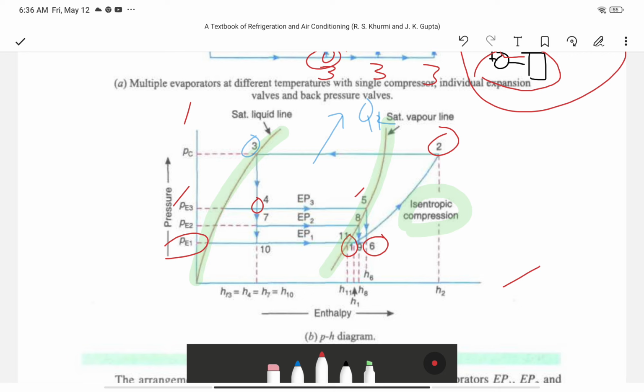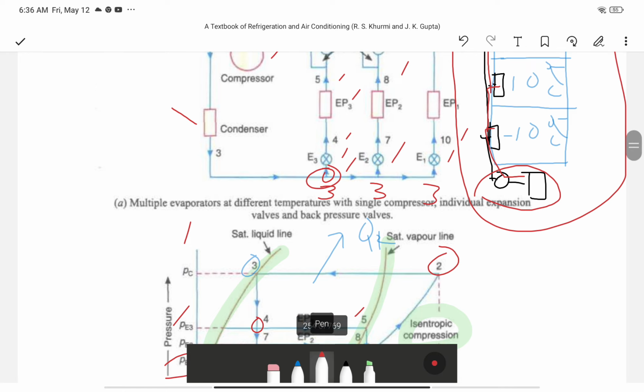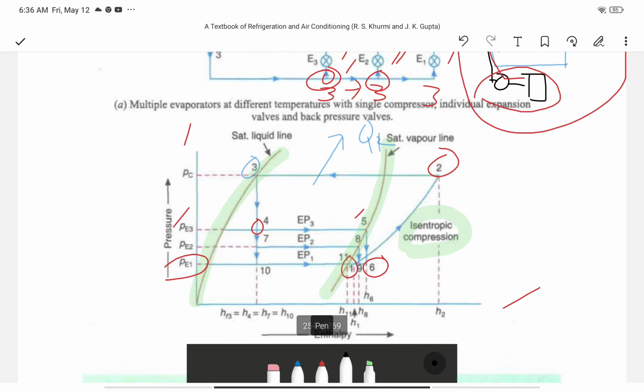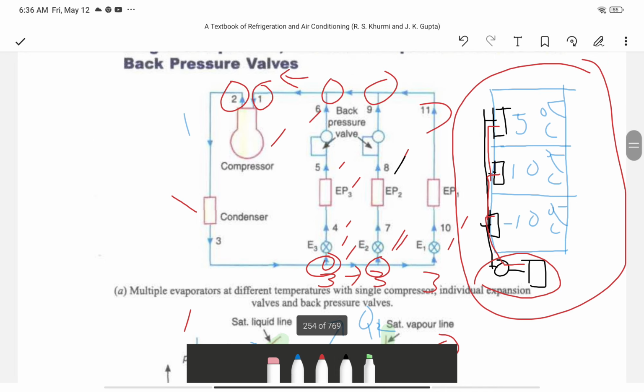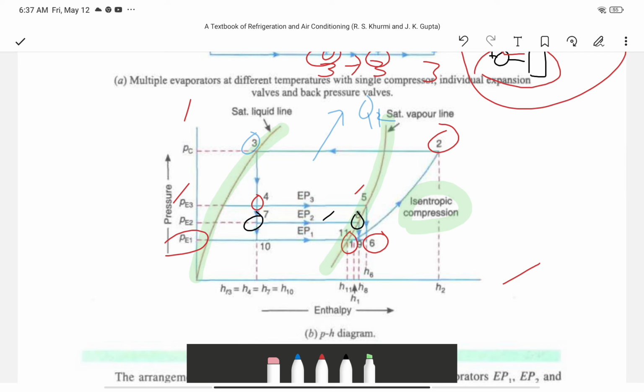In a similar way, some of your refrigerant passes here and reaches this junction T, and then some of it will enter expansion valve 2, and then here it is 7. Then the refrigerant passes to evaporator 2 and reaches 8, and from 8 it passes through the back pressure valve, which will lower the pressure similar to PE1, this one.